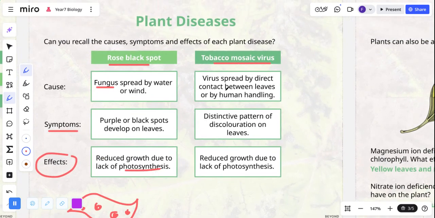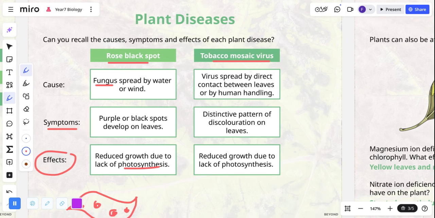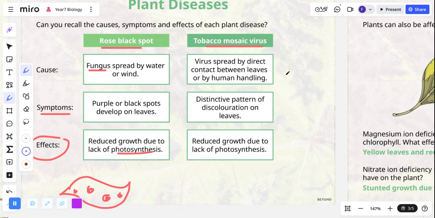Now, tobacco mosaic virus is a virus, the same way you get a cold, and it's spread by direct contact. It's not spread by water or wind. A really common way of spreading it is that tobacco plants are grown commercially, obviously to make cigarettes. That's disgusting. And when somebody's working on one plant that's got tobacco mosaic virus, they transfer it from their hands onto another plant.